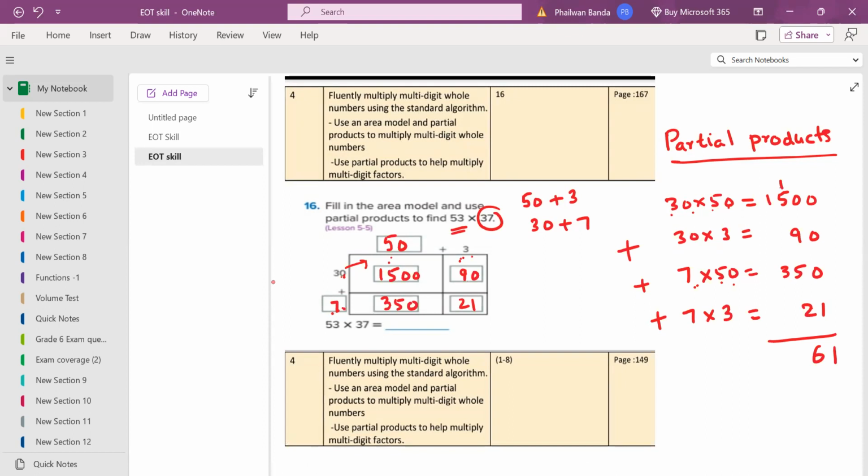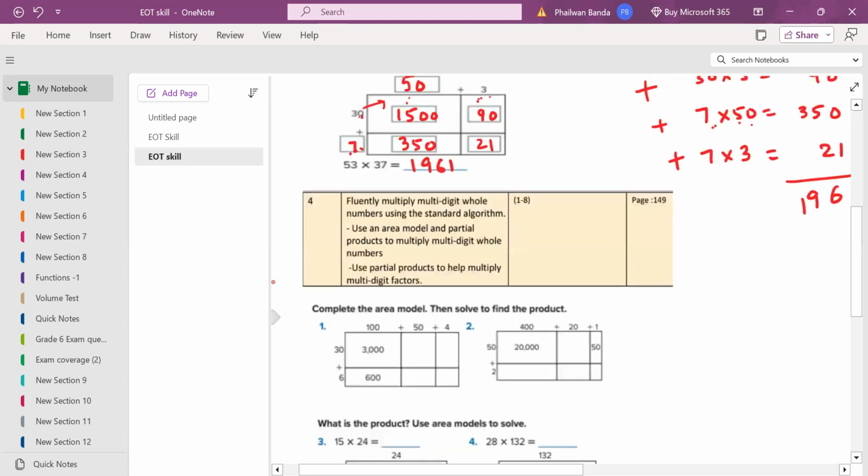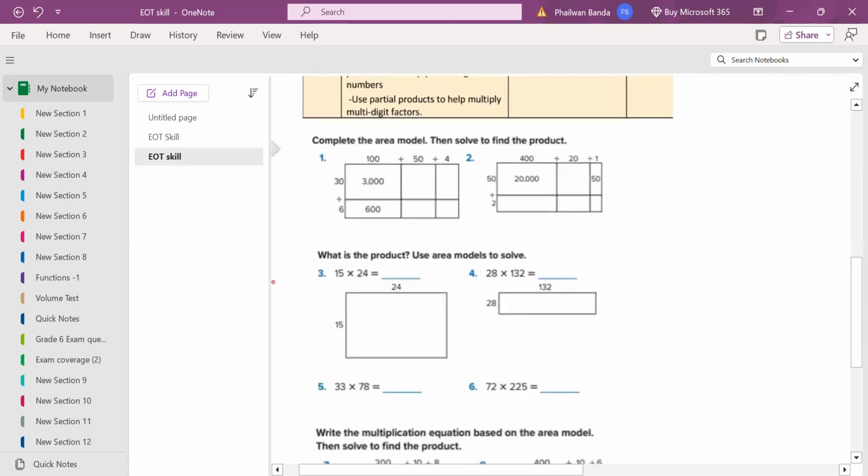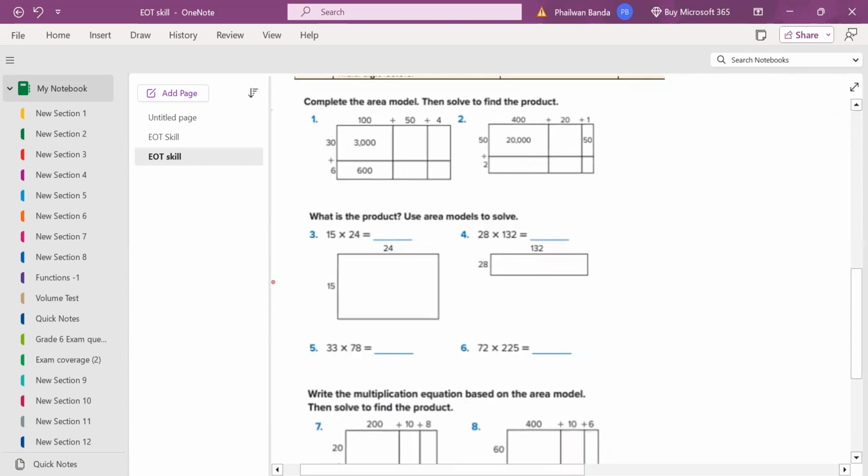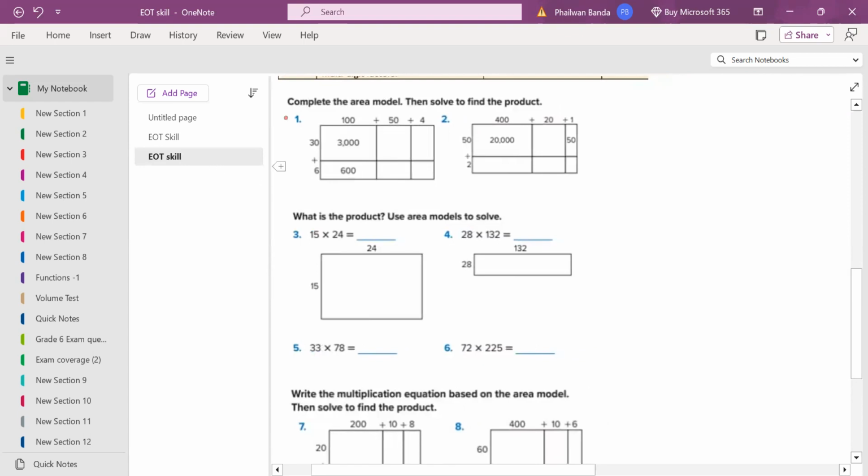Carry 1. 5 plus 1, 6. Okay, 6 and 3, 9 and 1. So the final answer is 1961. Okay, so remaining questions also you can do in the same way. So don't get worried. These two questions you can do in the same way, just like how we discussed the previous question.